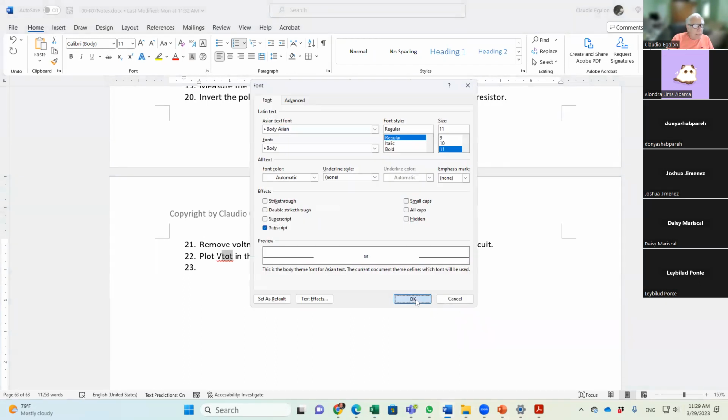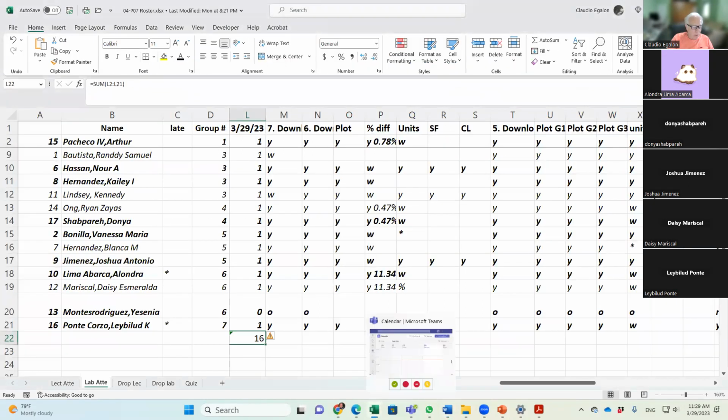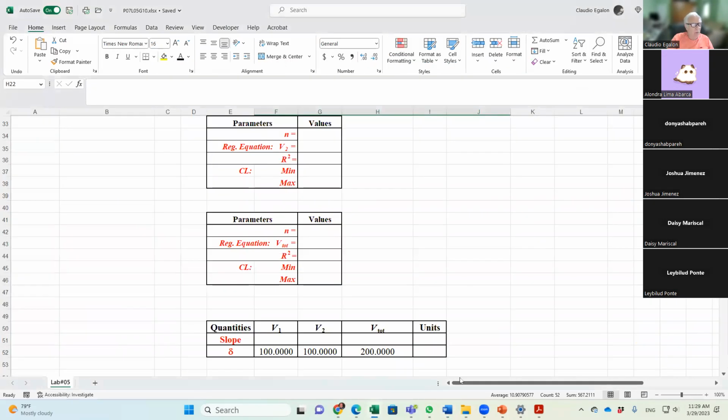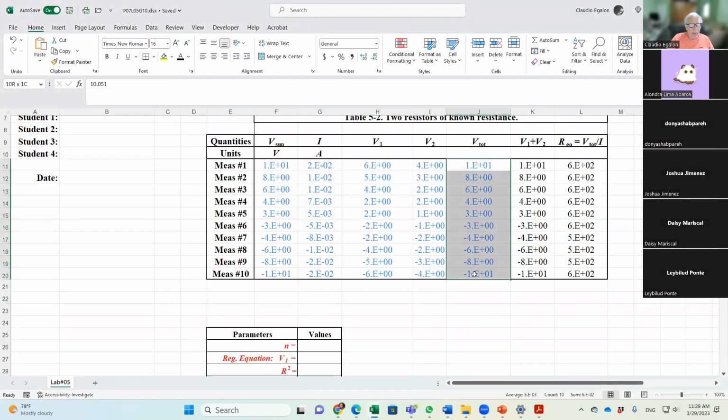I mean the measurement V total, not this one, it should be this one here. The measurement V total and I. Plot those two. First graph. Then second graph, V1 and I. Third graph, V2 and I. That's what you have to do.